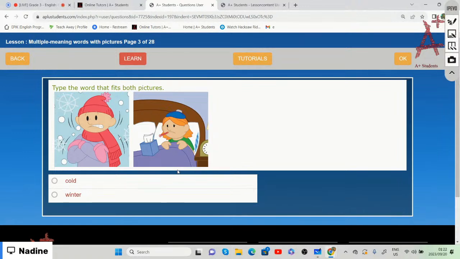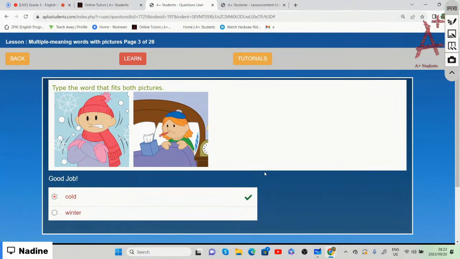So if we choose the correct one, we will say cold. So well done, cold, not winter. Because if you look at the next picture, we can't say she feels winter or she has winter. So we can say she has a cold and he is getting cold. So well done.